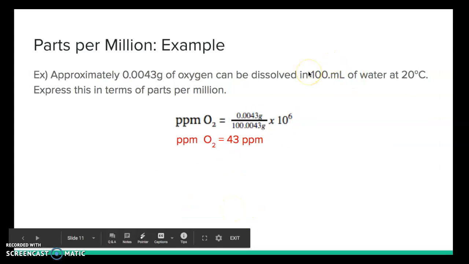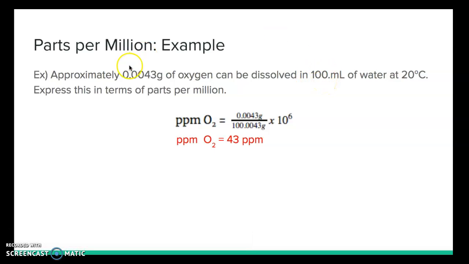So we need to add together our 100 grams of water to our 0.0043 grams of oxygen. So that's where we get this number, and then we're going to multiply by 1,000,000, and that's where you're going to end up with that there's 43 parts per million of oxygen in this given solution.